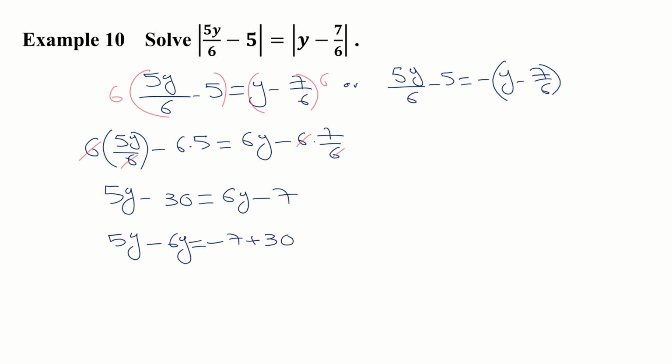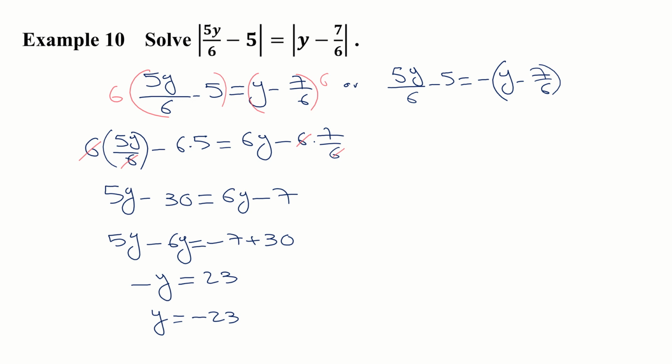It might have been better to take the y's to the right side since the larger coefficient of y was there, but not a big deal. So we get negative y equals 23, multiply both sides by negative 1, so y equals negative 23.